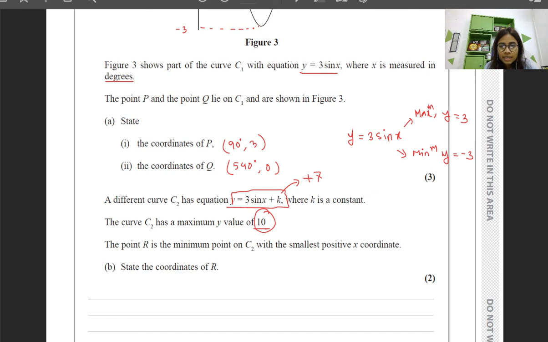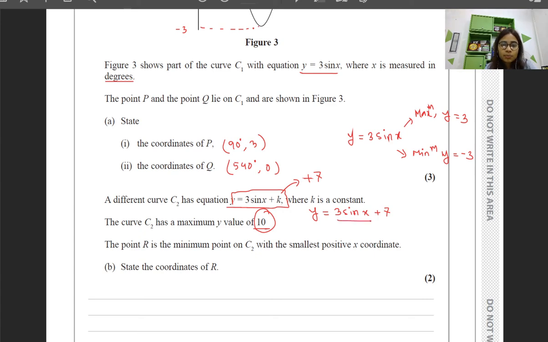So k is plus 7, which makes it y equals 3 sine x plus 7. Now if you look at this, the maximum of this portion is 3 plus 7, which is 10.